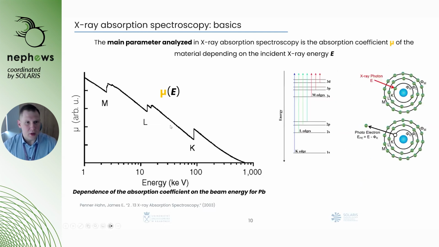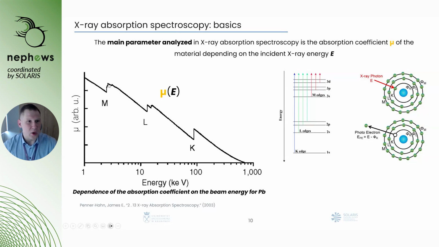If we look at how this absorption coefficient function looks, we see that when the energy of the photons increases, the absorption coefficient decreases until some moment when we have an abrupt increase of the absorption coefficient.